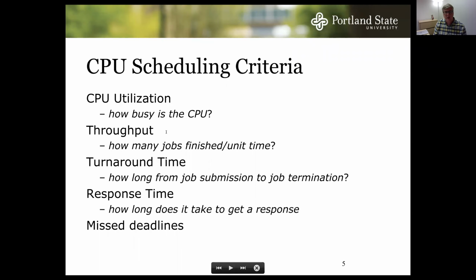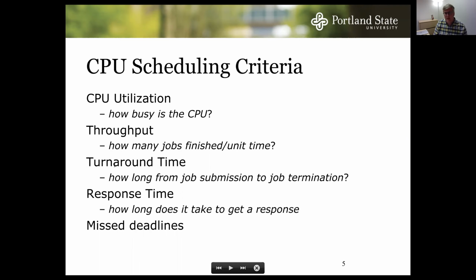There's throughput. A job is what we can call a process that goes from beginning to end, healthily does its job, finishes, and then we can schedule other jobs. How many jobs have finished in a given unit of time? That's the measurement of throughput for the system.